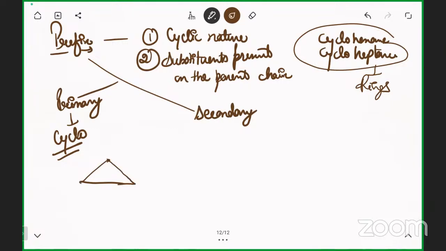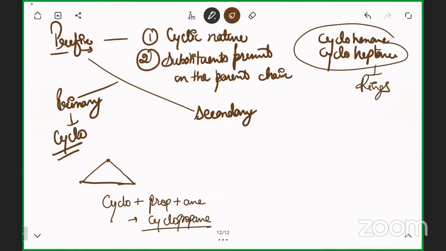While writing the name, first I will write cyclo plus the root for 3 carbon. For 3 carbon, what do we use? Prop. All single bonds are present, so it will be ane. The name will be cyclopropane. So primary prefix tells about the cyclic nature.